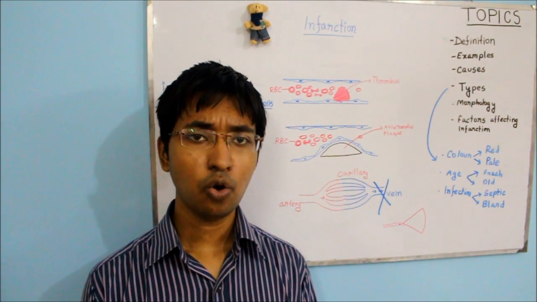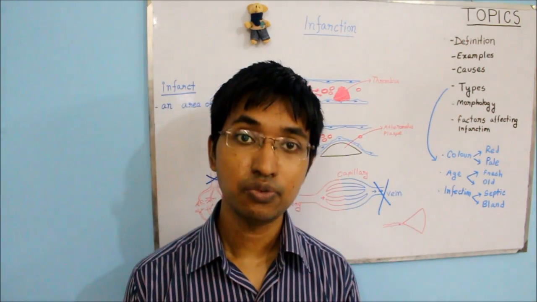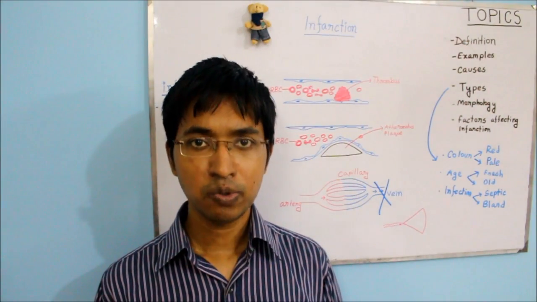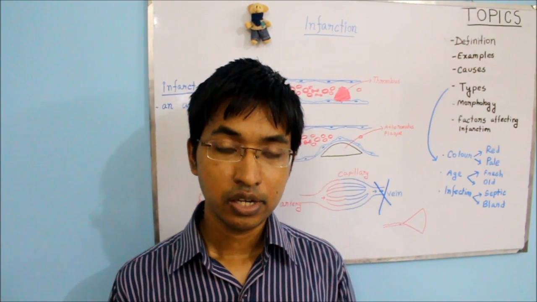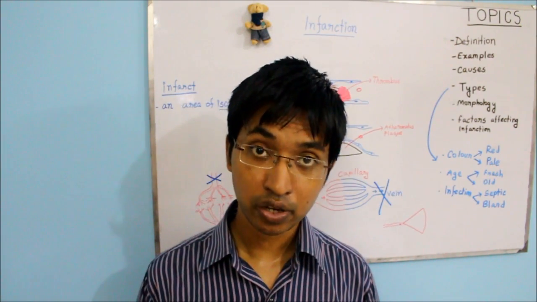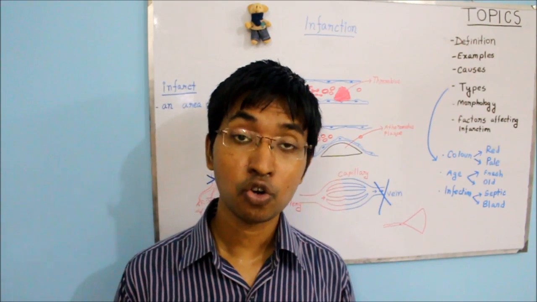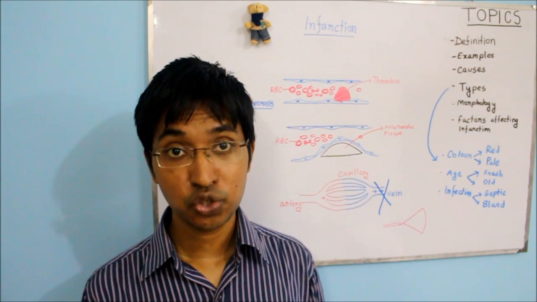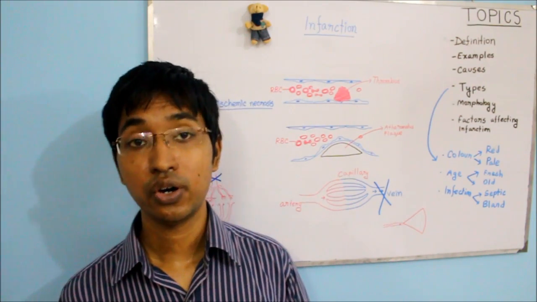Since they have only end arterial circulation, they are more susceptible to infarction. The next factor that we will talk about is the rate of occlusion of the blood vessels. If the rate of occlusion was rapid, there will be more chance of infarction, and if the rate of occlusion was gradual, it will give time for collateral circulation to develop, and that will result in less chance of infarction.